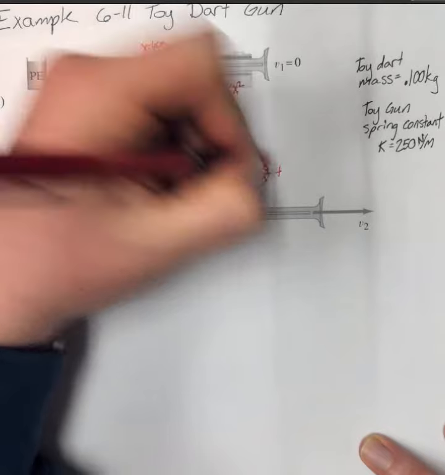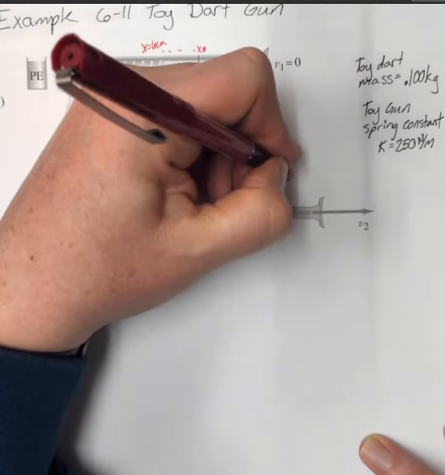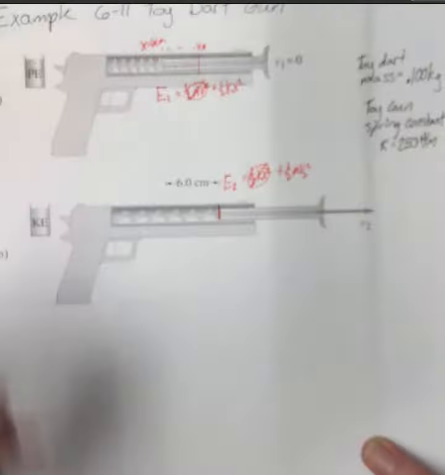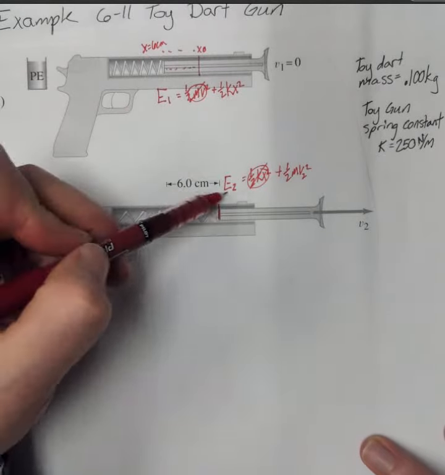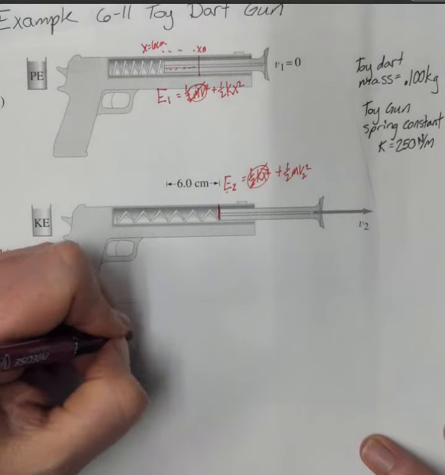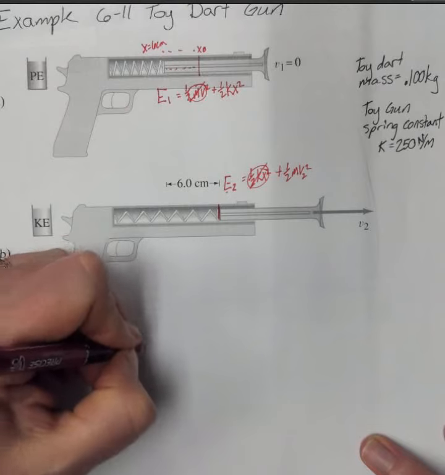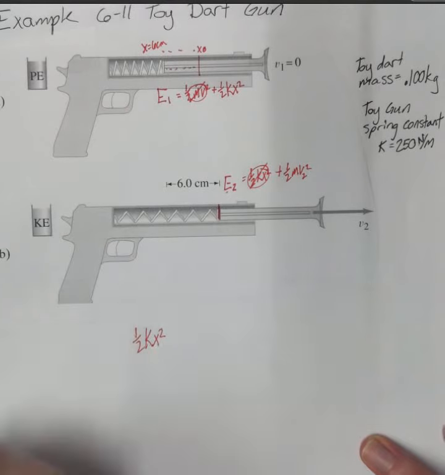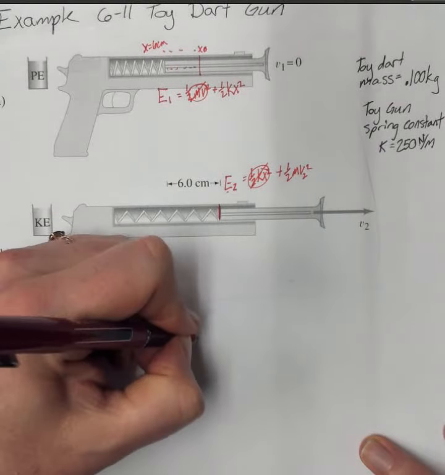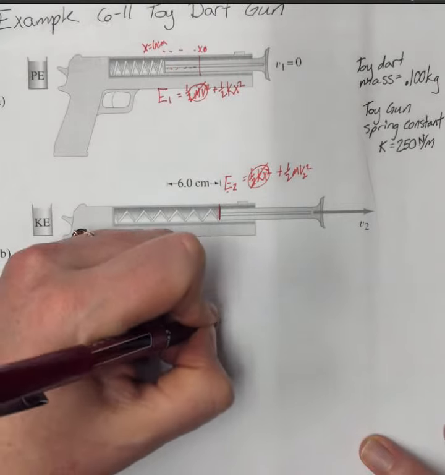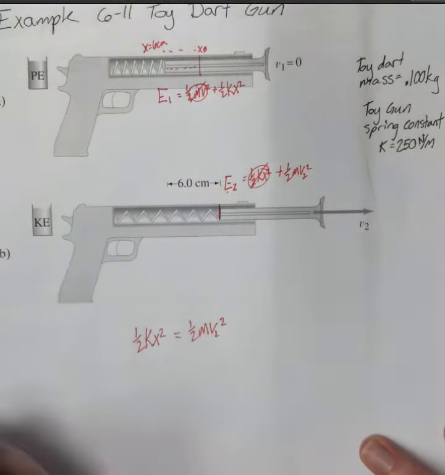So that means that all of the energy now is kinetic energy. So we can use conservation of mechanical energy, E1 equals E2, and we say that E1, all of the energy in the form of elastic potential energy, 1/2 kx squared, equals 1/2 mv squared for the second position.